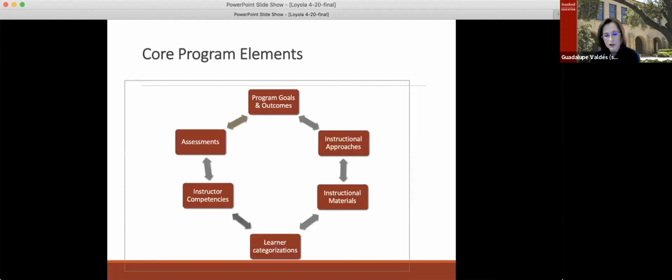To have program goals, we have to have instructional approaches, and instructional approaches are supported by instructional materials. But of course, we always have to consider the learner categorizations, the instructor competencies, and of course the assessments. All of those things work together as program goals.